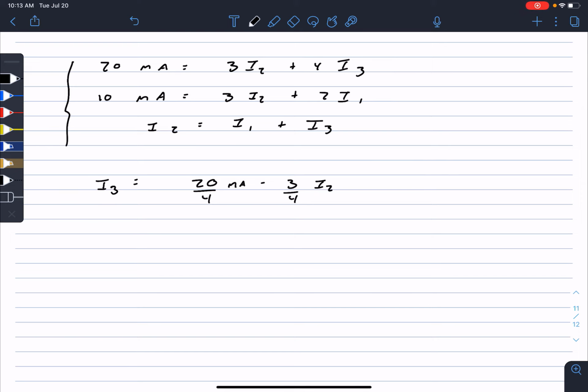Right? And then I1 is going to equal, taking this to the other side, 10 over 2 milliamps minus 3 over 2 I2 in terms of milliamps.